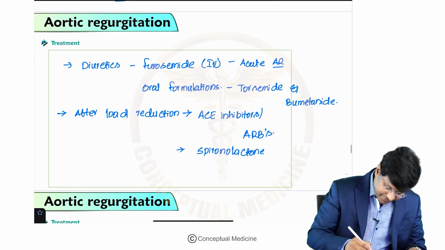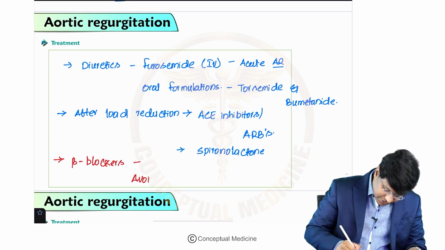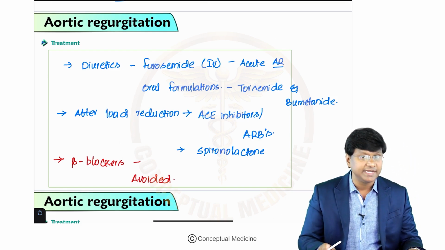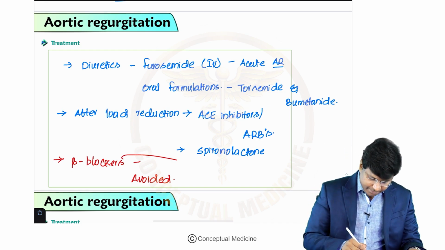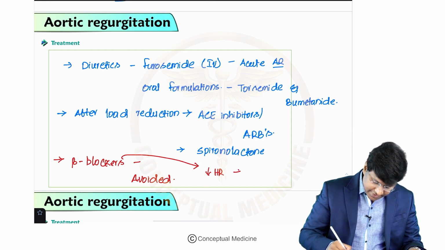Please remember, beta blockers are usually avoided. Now you need to know why the beta blockers are being avoided. What is the mechanism? See, whenever you give beta blockers, they decrease the heart rate of the individual, and thereby they will increase the diastolic time.